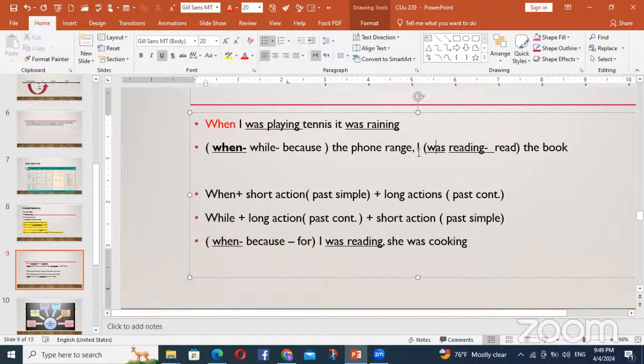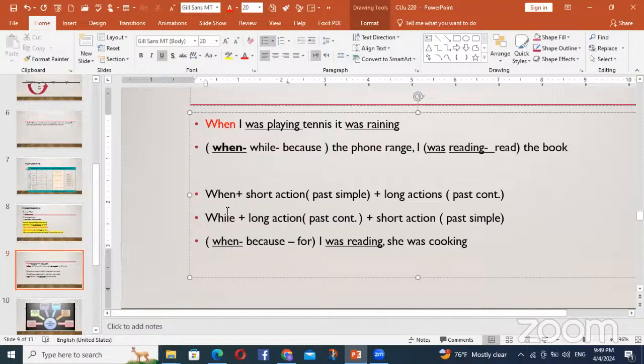Of course not. The phone rings, but it is shorter than reading a book. I listened to the phone, I took the call, and then I switched it off, I continued reading. So reading was before and after the phone ringing. That's why we say, when the phone rang, I was reading the book.